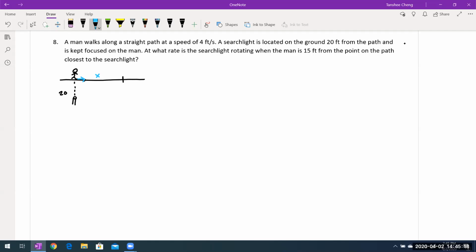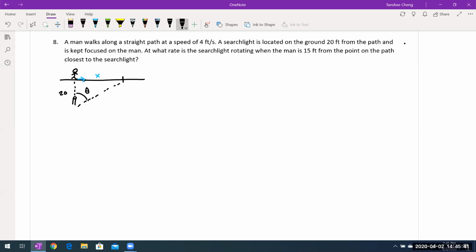Since this searchlight is focused on this man, as the man moves, the searchlight will also rotate. So when he is at 15 feet, we are asking what is the angle of rotation, how fast this angle is rotating.